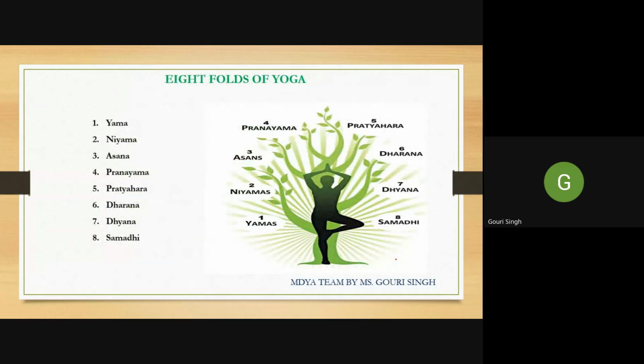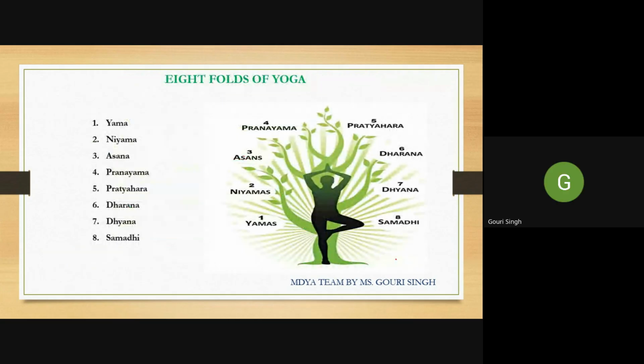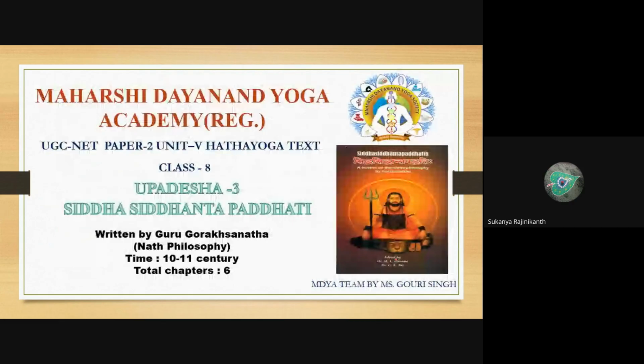Can I complete this one? Or we'll stop here? Yes, you can. Actually, we have another class at 9, ma'am. We have another session at 9 o'clock. What can we do now? Shall we stop here, ma'am?